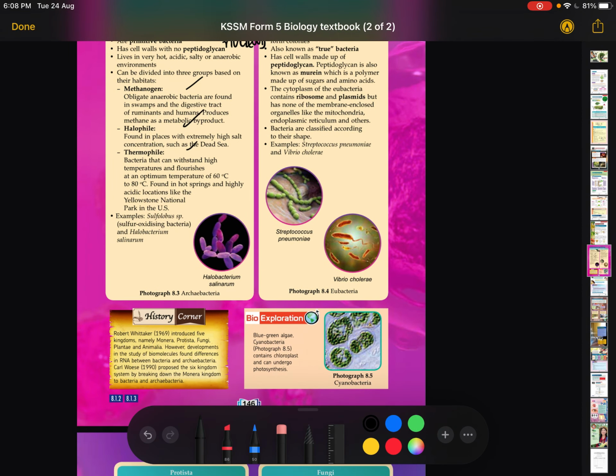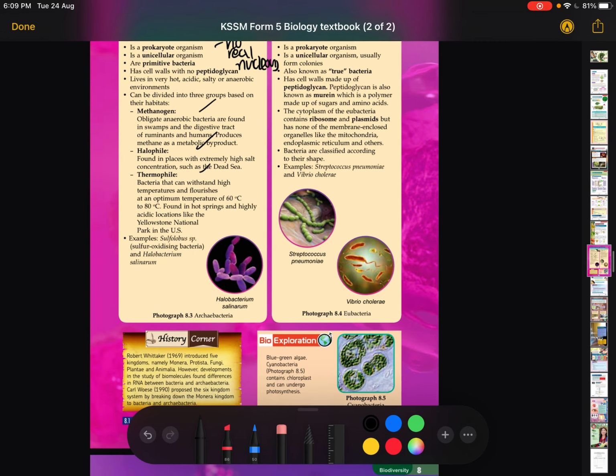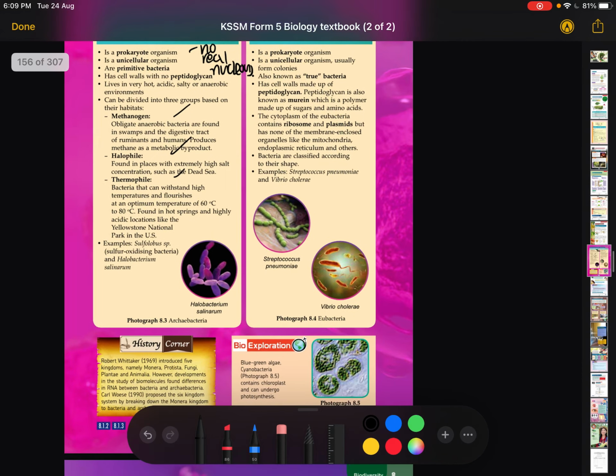And then there are also thermophiles. Thermophiles are bacteria that like high temperature. Most bacteria need to survive at a more room temperature level, but these thermophiles can survive up to double that or more than that. For example, the Yellowstone National Park.